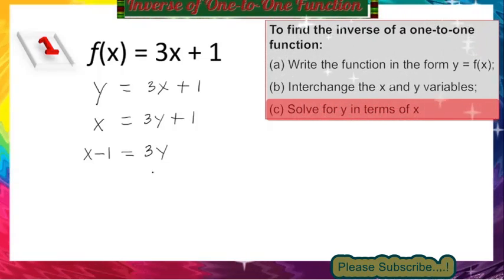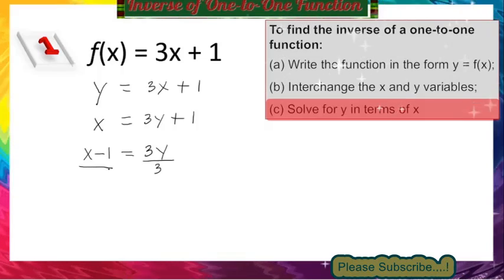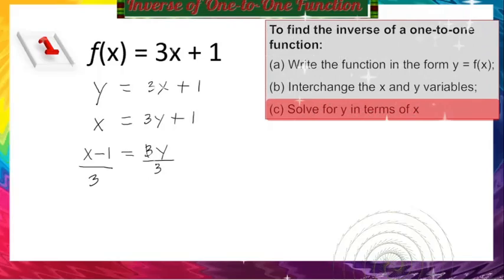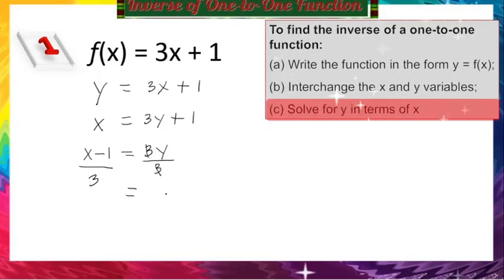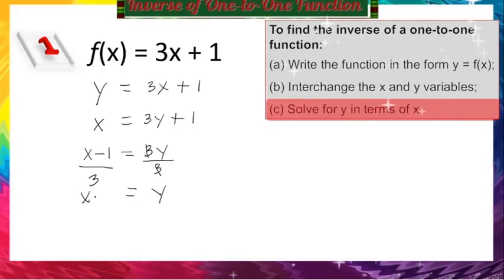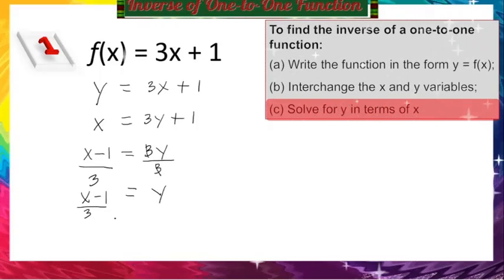Then we will divide both sides by 3. This will be cancelled out, so the remaining is y equals x minus 1 over 3.